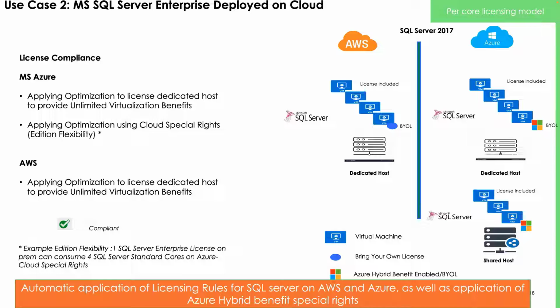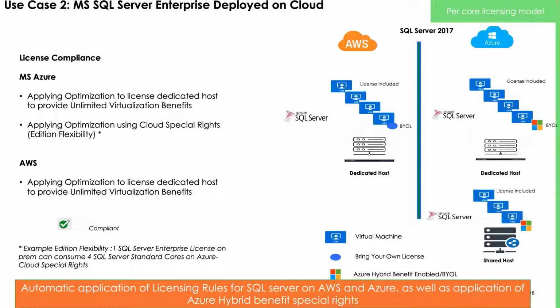And within the clouds also there are different licensing rules. So Azure has got something called Azure Hybrid Benefit, which are some special benefits that you get if you deploy Microsoft SQL Server on Microsoft Azure. For example, if you just have one SQL Server Enterprise on-prem, you can consume four SQL Server Standard cores on Azure. And that is like a huge benefit.